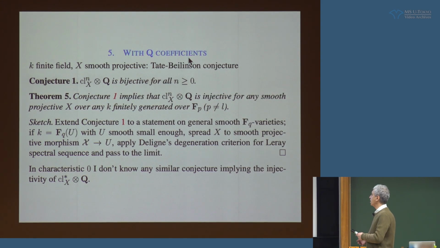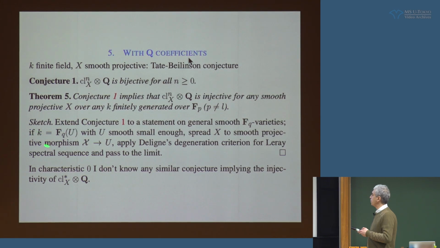The proof is not very hard, and it's easy to explain. The main point is to get out of smooth projective varieties and to enlarge the statement to all smooth varieties over F_q, over F_p. And then now you take a finitely generated field over F_q, like this one.